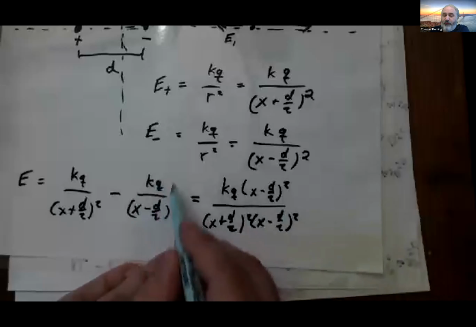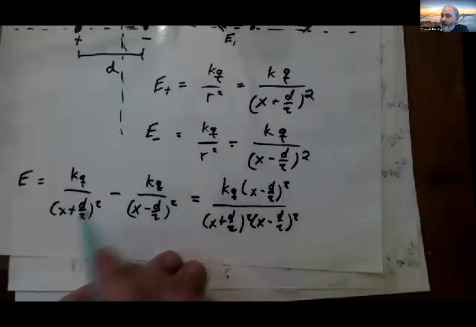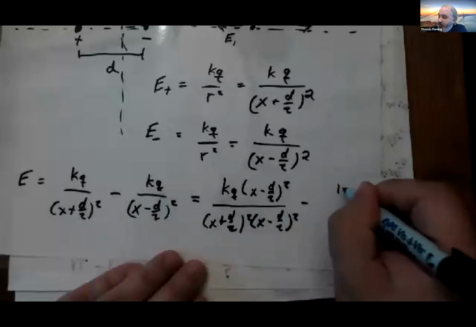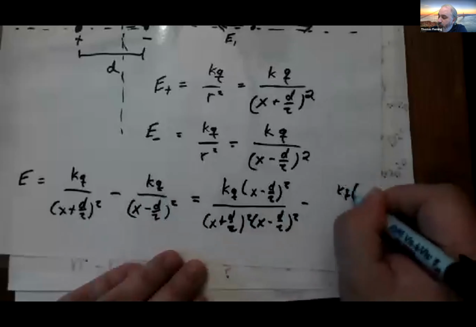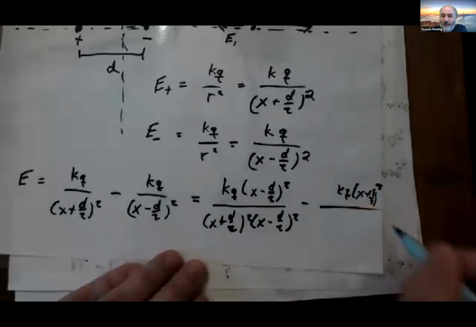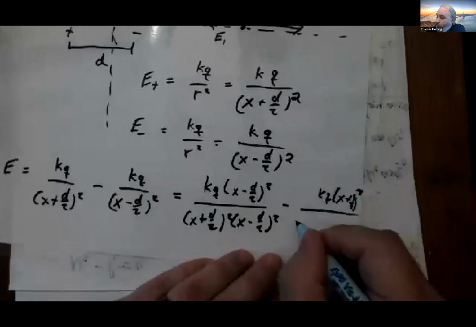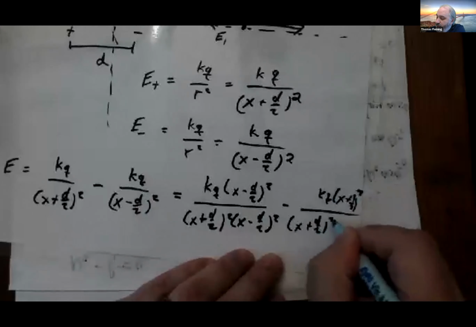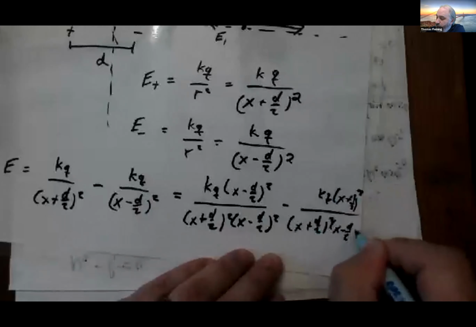The other term, I'll do the same trick, except I'll multiply by that denominator. So I've got minus KQ (x plus d over 2) squared over (x plus d over 2) squared (x minus d over 2) squared. I'm running out of paper, that sucks.